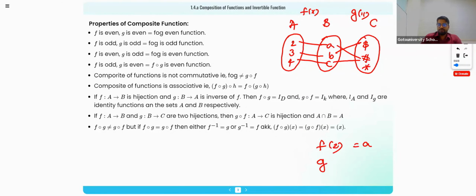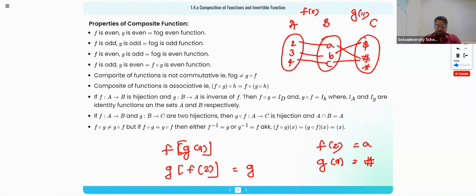Now if I want f of g of A, sorry, I am going to go for g of f of 2. So what will happen is, we know what is f of 2. We can directly apply f of 2 is A, and if I apply the g of A, we get the hash.